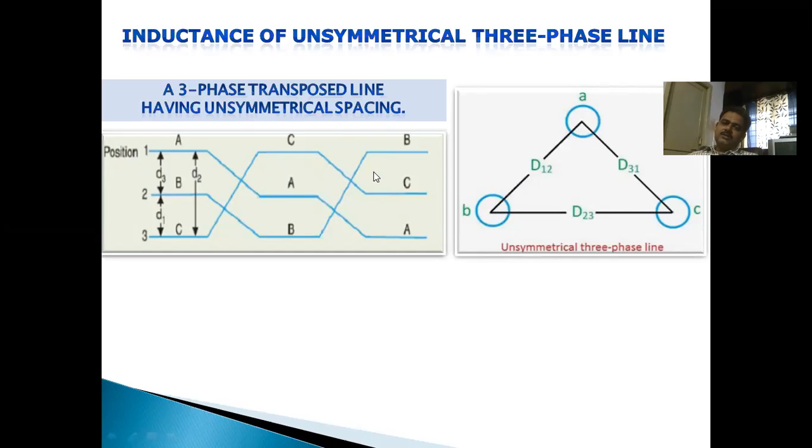After 2/3 distance, again conductor B takes position C. So conductor A takes position 1, conductor B takes this position, and after 1/3 length, again it takes the third position. Like that every conductor.